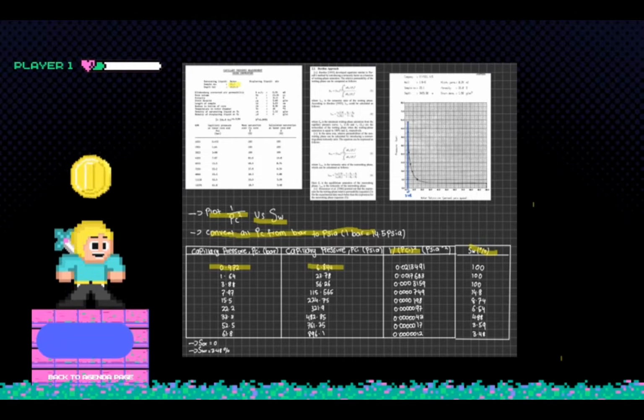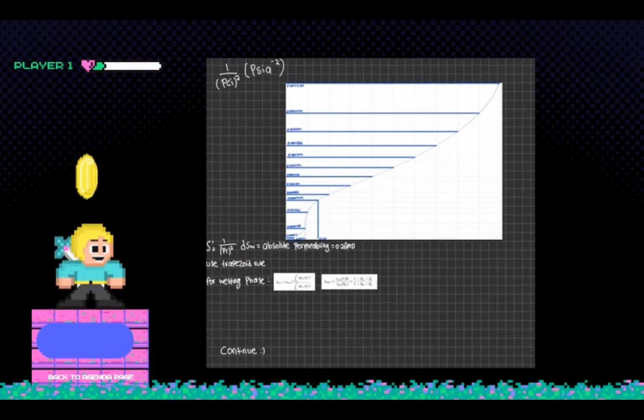From there to here we can count as the transition zone, and our irreducible water saturation is 3.428. So we plotted the graph 1 over PC squared by Sw.